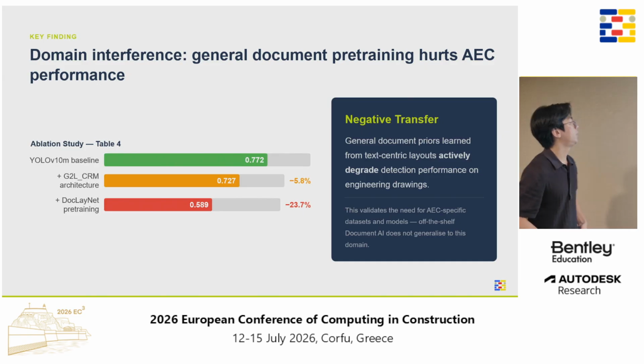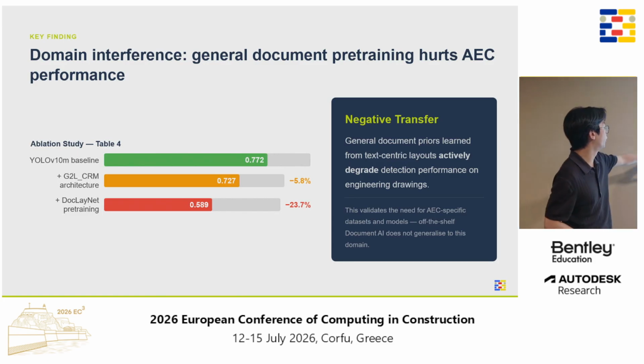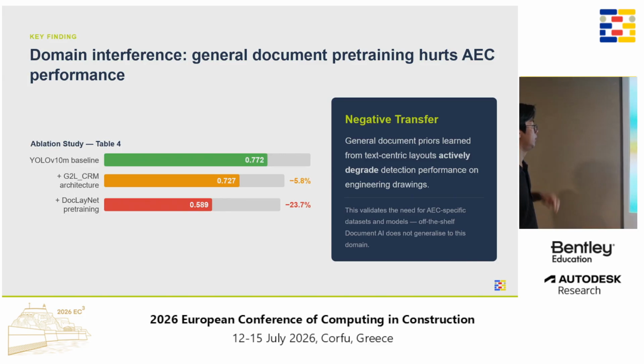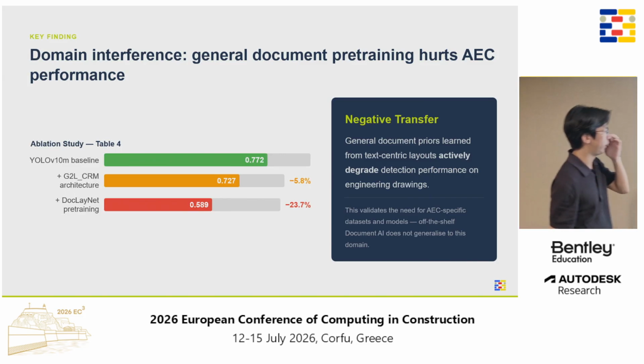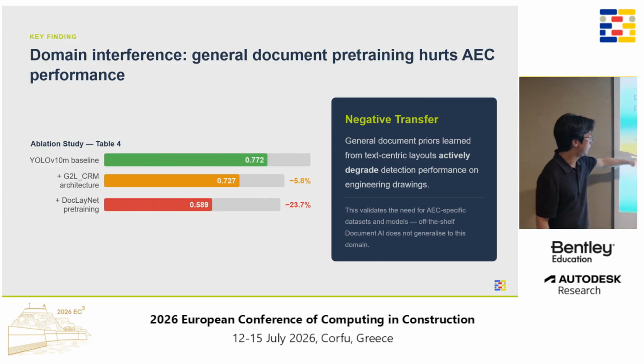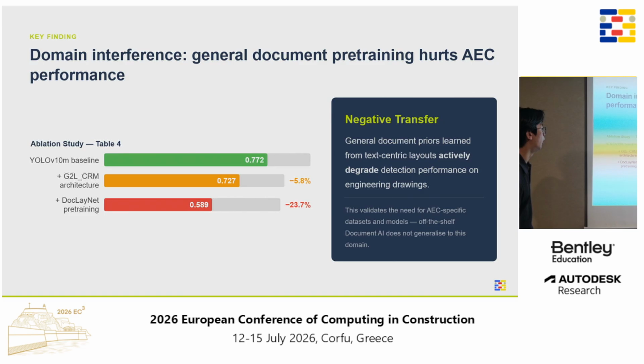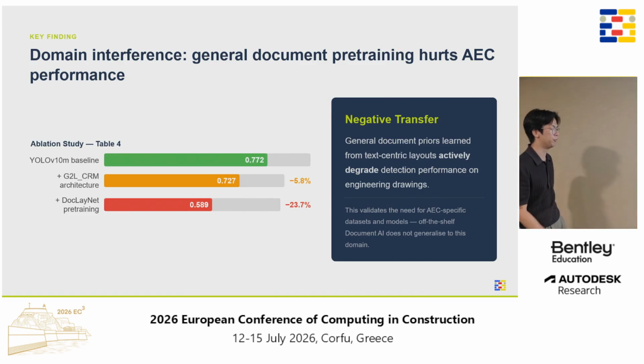And here we also did an ablation study on the DocLayout-YOLO model. DocLayout-YOLO is basically built on YOLOv10. So we trained YOLOv10 as the baseline, and DocLayout-YOLO has this kind of architecture, this tailored module for general documents.